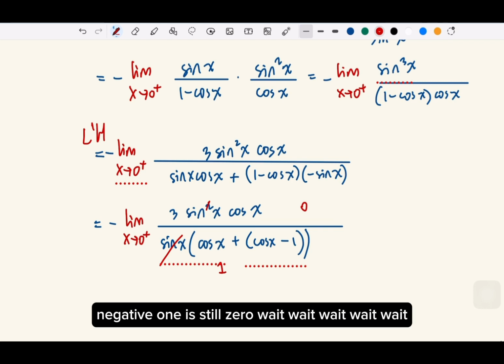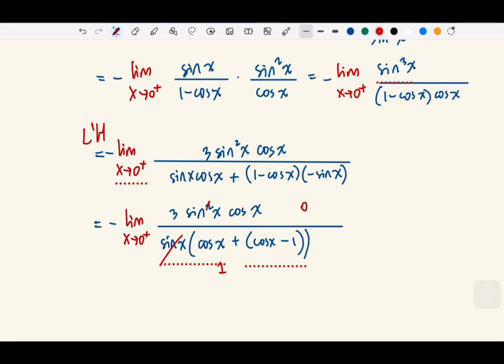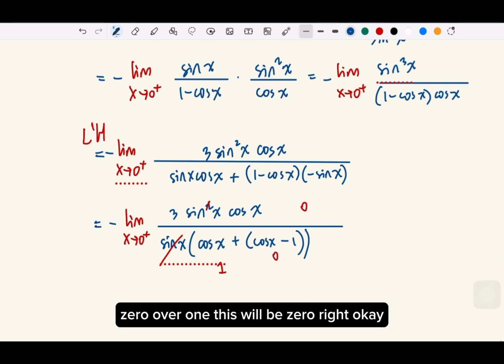It's still 0. Wait. Cosine x. So 1. This is 0. Oh, yeah, 0 over 1. This will be 0, right?